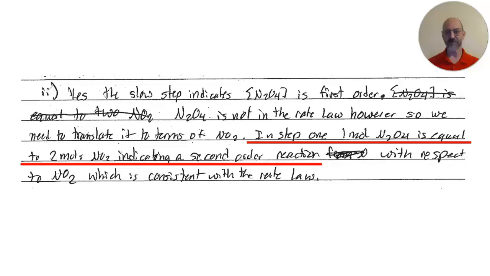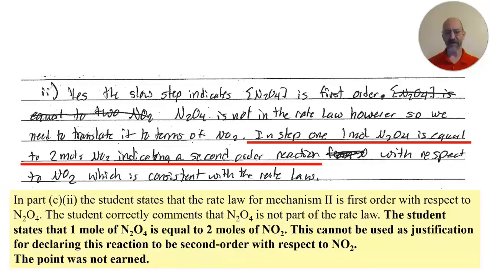So the commentary is that the student does indicate that the rate law for the mechanism is first order with respect to N2O4. They correctly comment that N2O4, which happens to be an intermediate, is not part of the rate law.